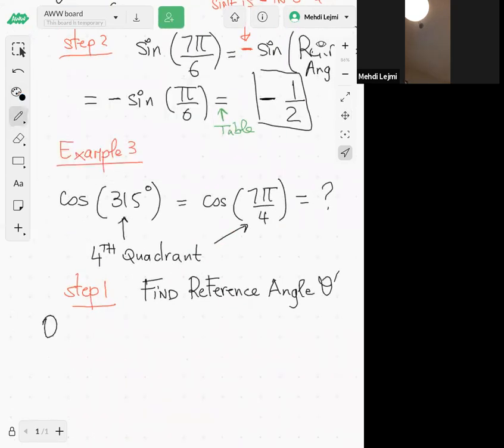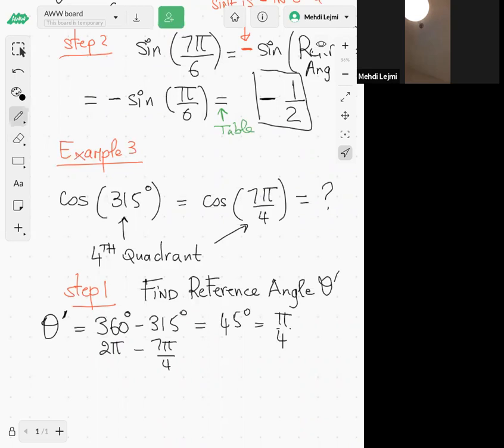So theta prime is going to be 2 pi or 360. Let's do 360 here, for example, 360 minus 315. If you prefer radians, that will be 2 pi minus 7 pi over 4. The answer here would be 45 degrees, which is pi over 4.